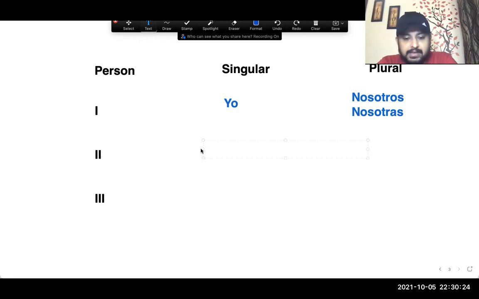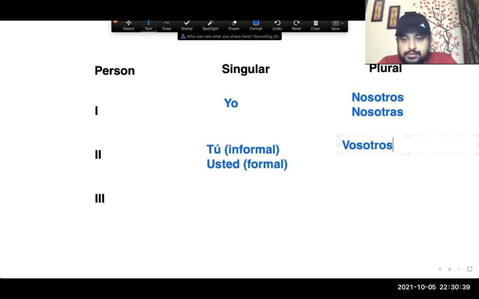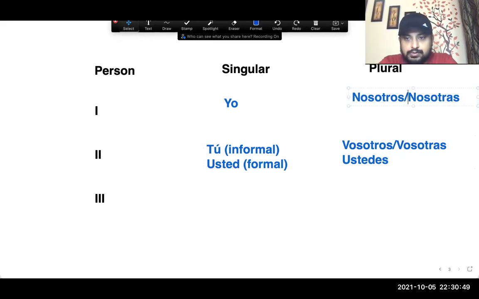And then we have second person, tú, that's informal, and usted, that's formal. And the plural will be vosotros, or vosotras, and ustedes.